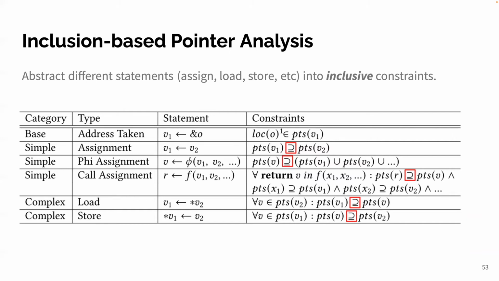The goal of the point-to analysis or the solving algorithm is to compute a points-to set for every pointer in the program such that all the constraints are satisfied. This computation is normally performed on a constraint graph, which uses edges to represent the inclusion constraints between different variables.